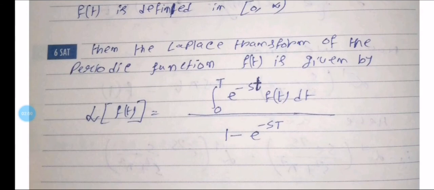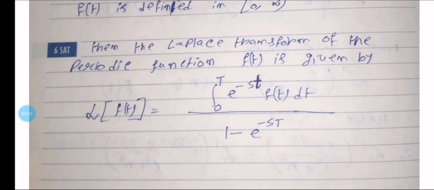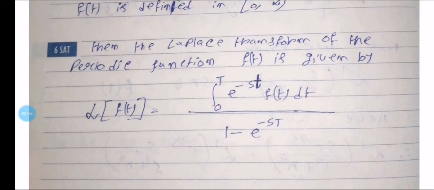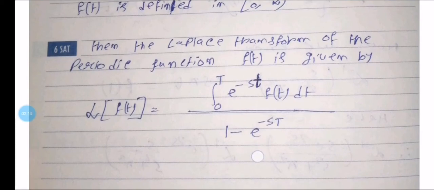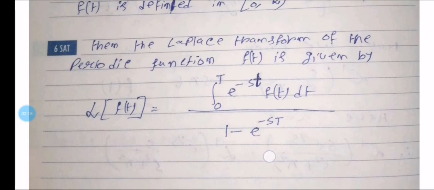The Laplace transform of a periodic function f of t is given by this formula: L of f of t equals integration 0 to T of e to the power minus st f of t dt, divided by 1 minus e to the power minus sT.